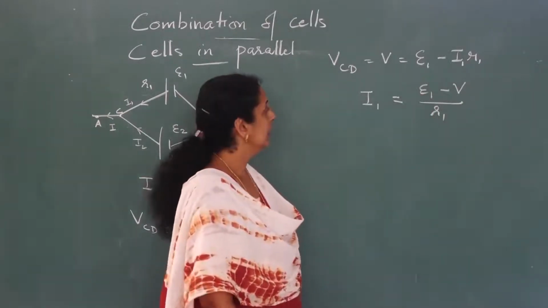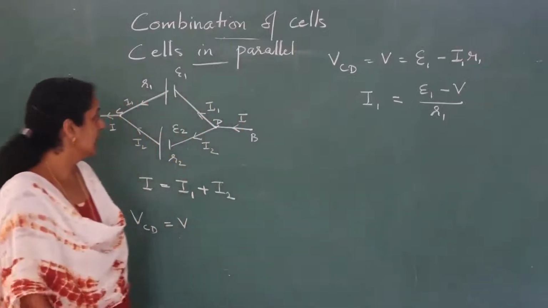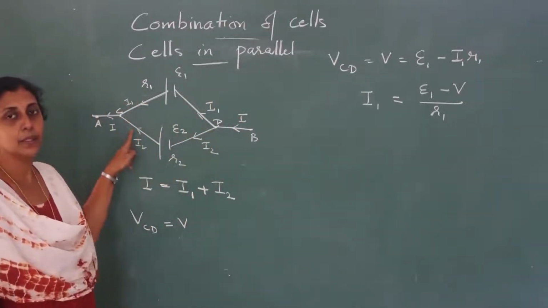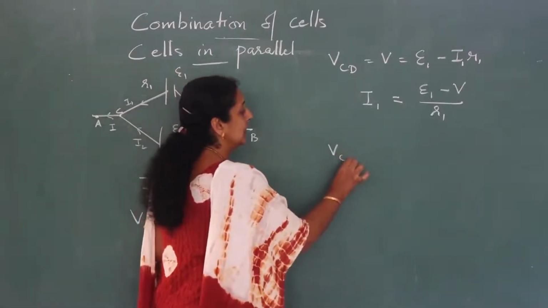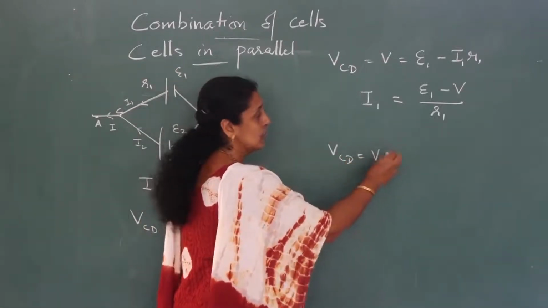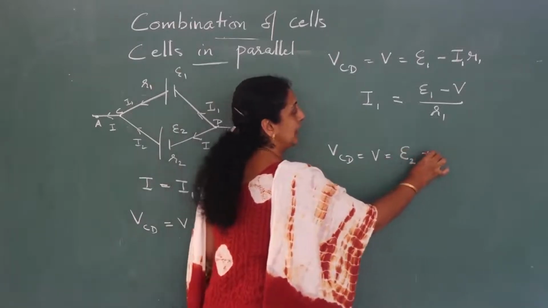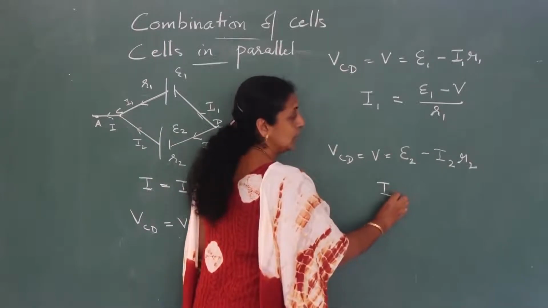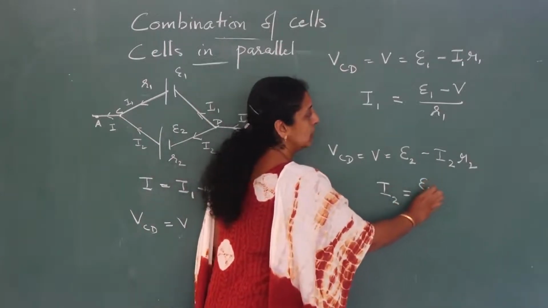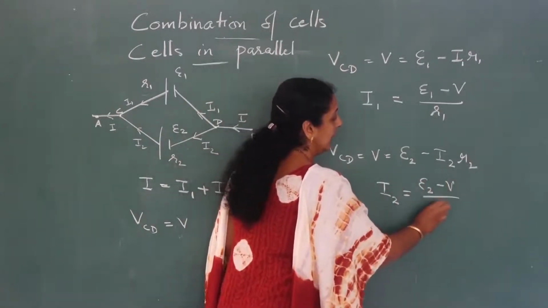Similarly, the potential drop across the second cell, VCD equal to V, is equal to E2 minus I2 R2. So I2 is equal to (E2 minus V) by R2.